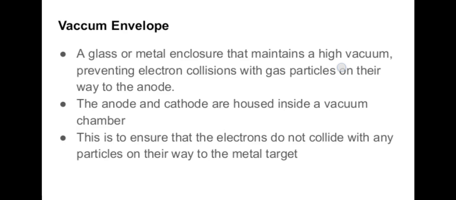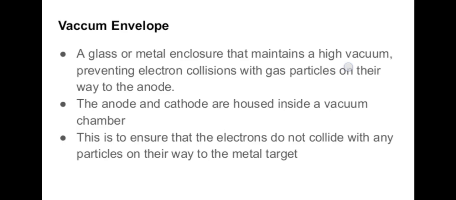This is to ensure that the electrons do not collide with any particles on their way to the metal target. If there is no vacuum, there will be air and it will create an electron cloud, which results in damage to the whole X-ray tube.